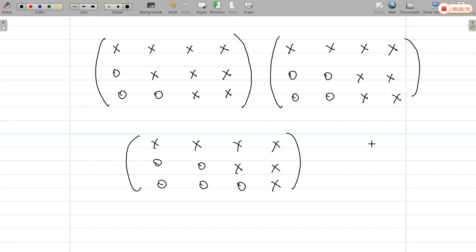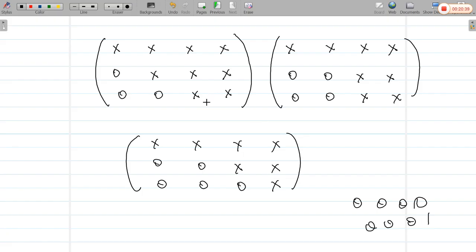If I say zero row, all the elements in the row are 0. This is a zero row. A non-zero row, for example 0, 0, 0 with at least one element present in the row, is called a non-zero row. Like that, the number of non-zero rows that you have in a matrix, we call it the rank. Is that clear?